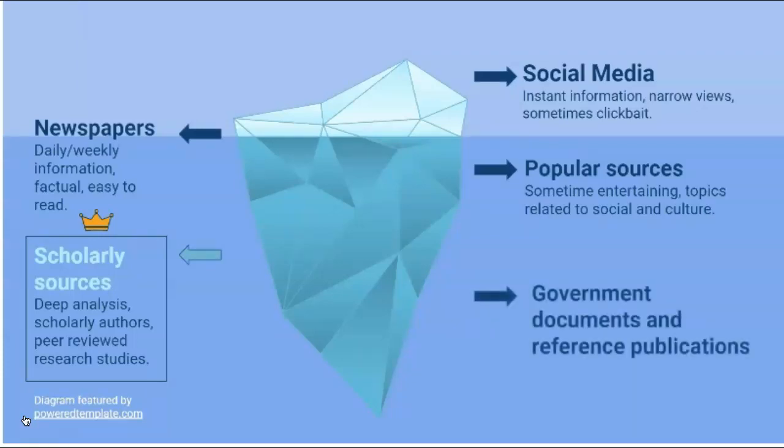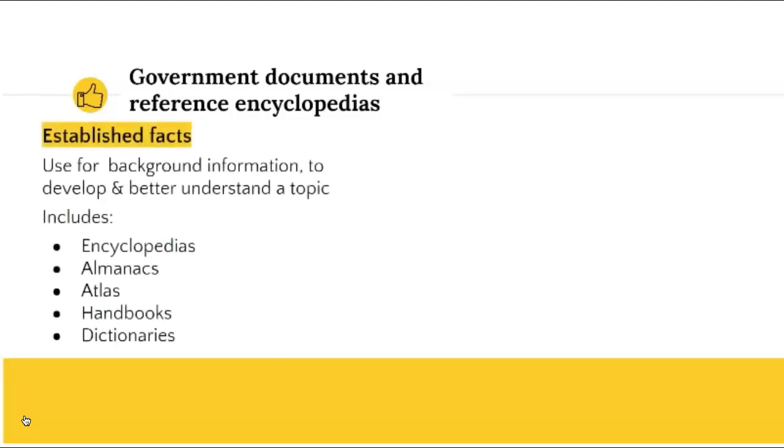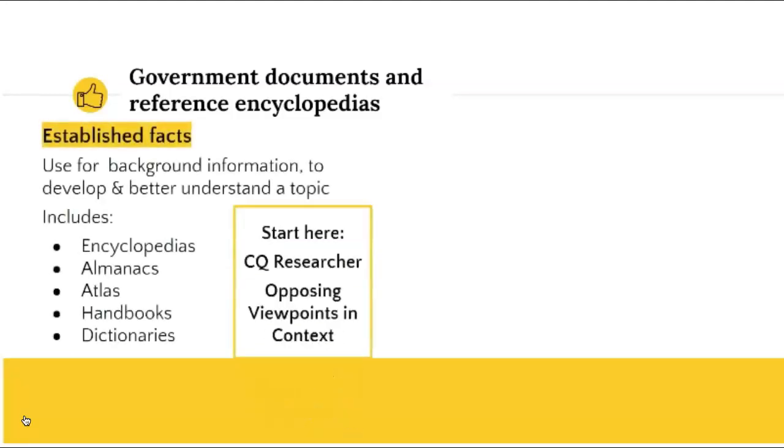Along with these, you may need to support your research with other types of evidence or information like government documents and reference material. Let's take a look at what those might be. Reference material are types of sources that provide established facts and quick background information on any given topic. At CSUB, databases like CQ Researcher and Opposing Viewpoints in Context would be a great place to start developing a topic.